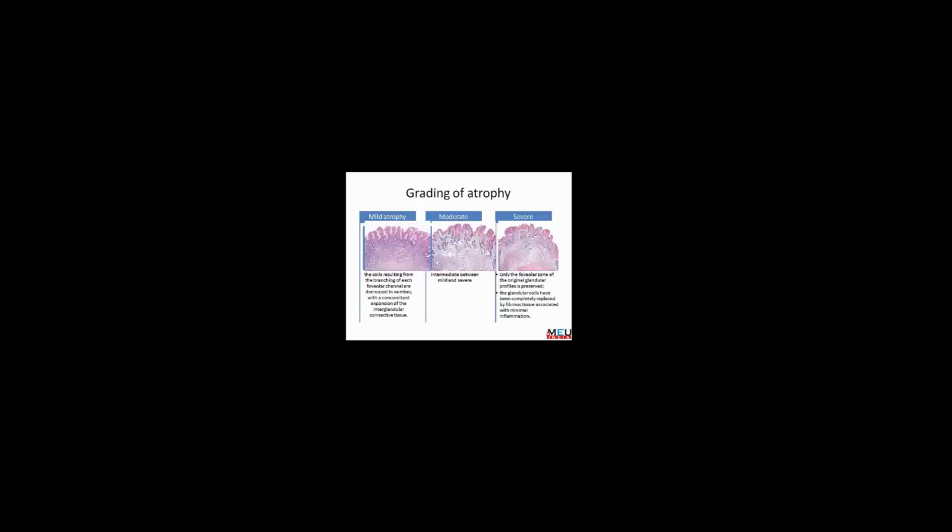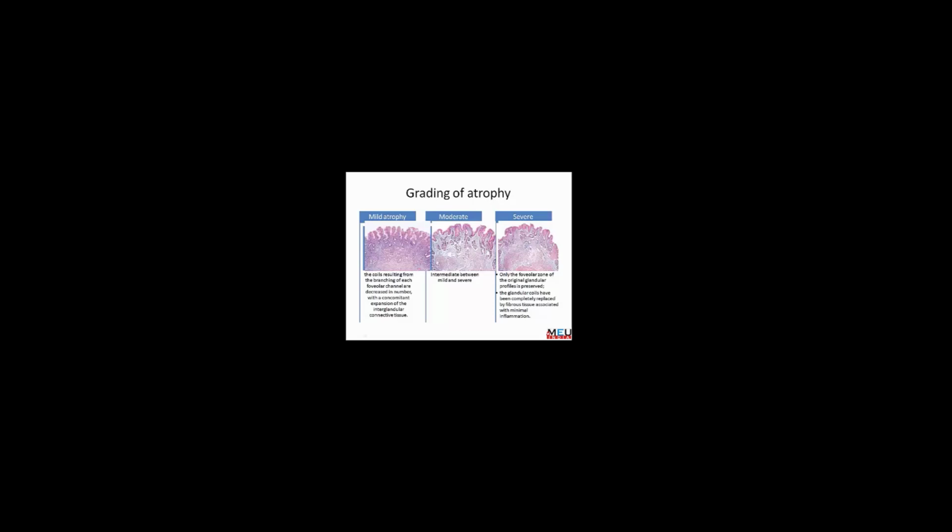So in this field, you can see 3 slides. That is mild atrophy. Here you can see that there are a number of glands which seem quite viable, and the coils, which result from the branching of each foveolar channel, are decreased in number with a concomitant expansion of the interglandular connective tissue.